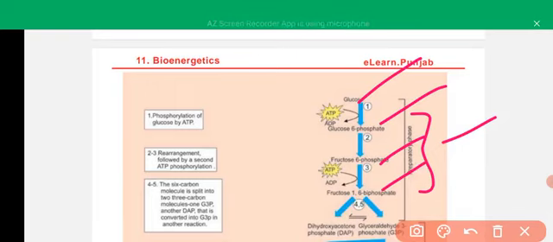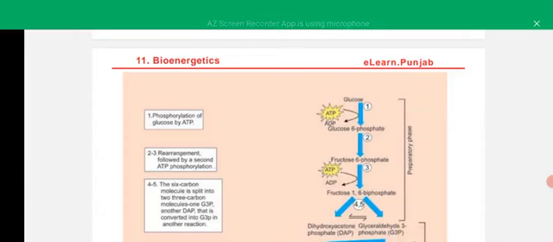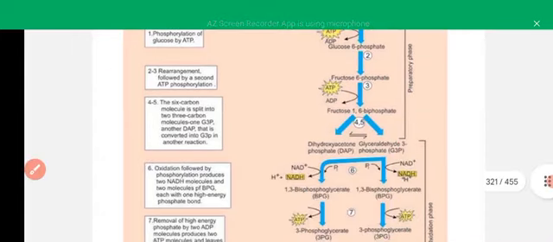A phosphate group is also added at carbon number 1 of the fructose, and it is converted into fructose 1,6-bisphosphate. Then fructose 1,6-bisphosphate is degraded into two molecules of three-carbon compounds, dihydroxyacetone phosphate (DHAP) and glyceraldehyde 3-phosphate.